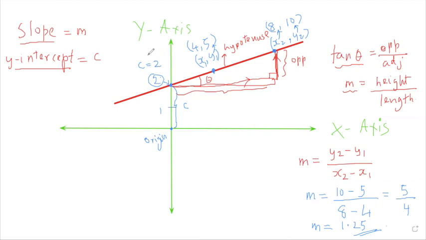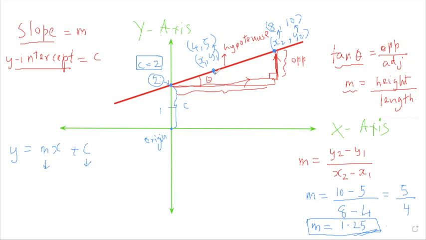So if we know these two pieces of information, that's what m is and what c is, we can form an equation of the line. So the general form of the equation of a line is y is equal to mx plus c, where m is the slope and c is the y-intercept.